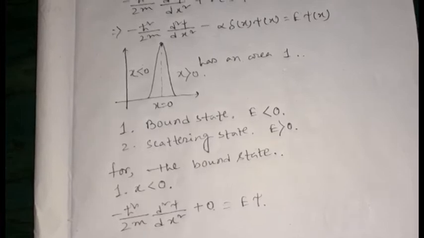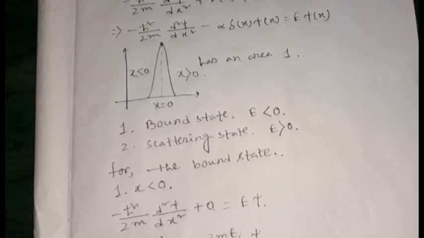Now d2ψ/dx square is equal to minus 2mE over ħ square ψ. Now as E is lesser than 0, the total quantity minus 2mE over ħ square is positive. So I am going to choose a constant k which is equal to the root of minus 2mE over ħ square.